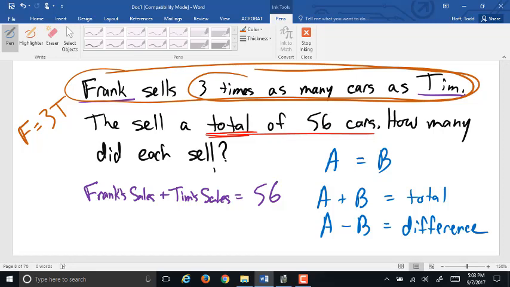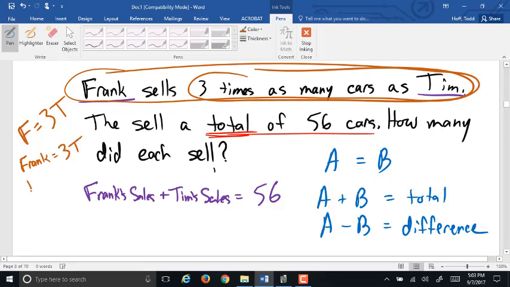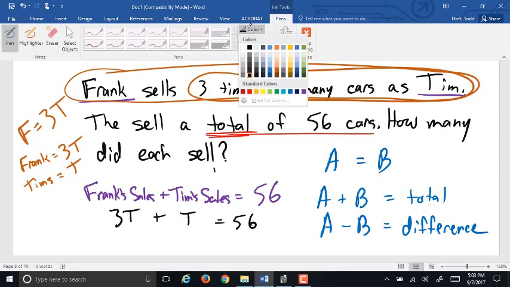What this means is we've defined Frank's sales is 3 times Tim's sales. Tim's sales is just his own. It's just going to be T. So looking up here, Frank's sales would be 3T. Tim's sales would be T equals 56.